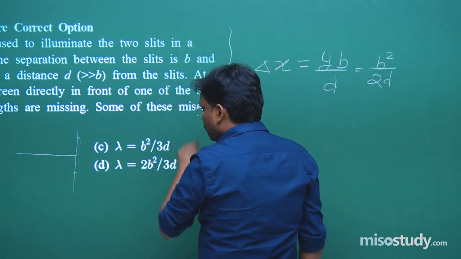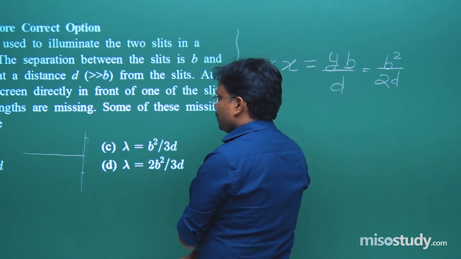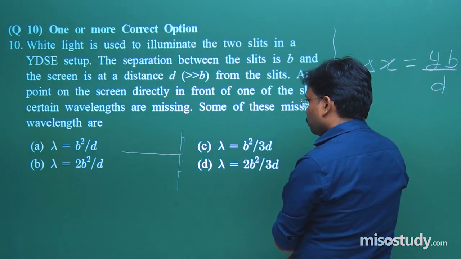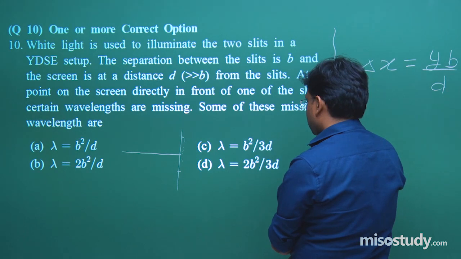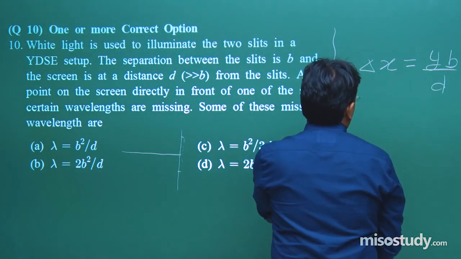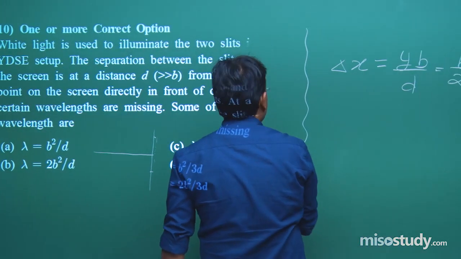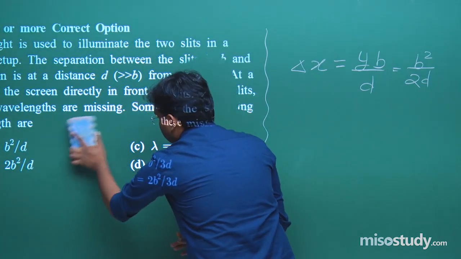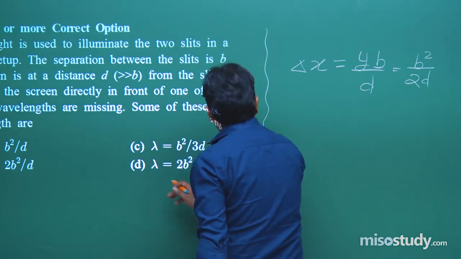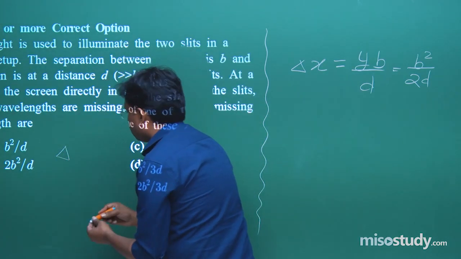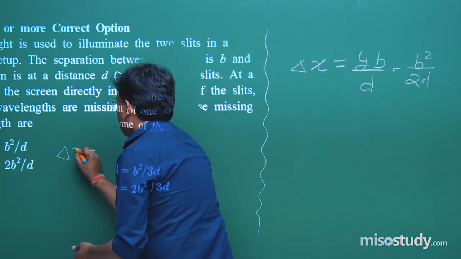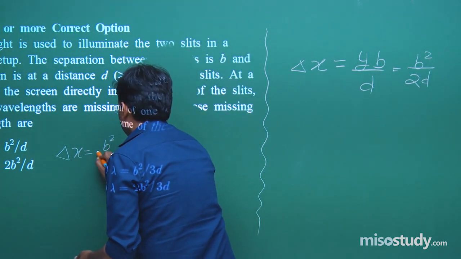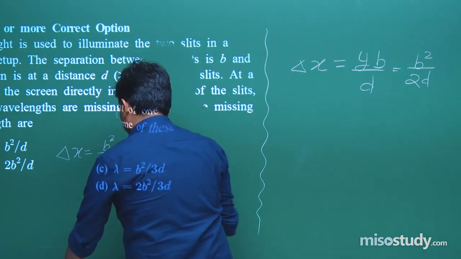So, let us try to find out one result. Sum of these missing wavelengths, lambda is equal to B square upon 2d, as such nothing is matching. It means we have to solve further. Okay, no problem. Let us mention this value over here, that is delta x is equal to B square upon 2d.